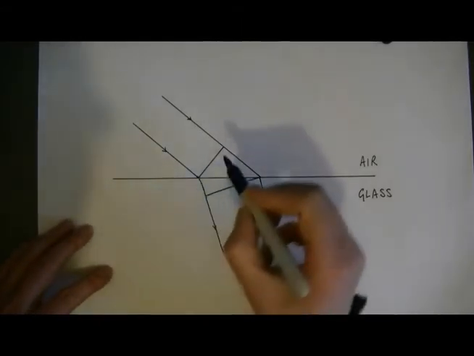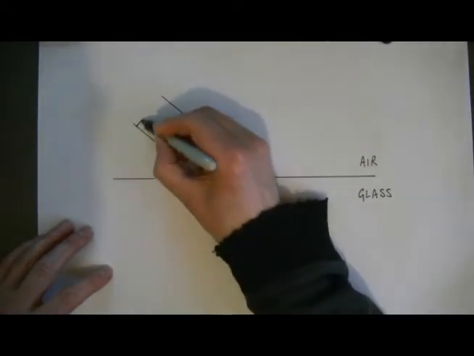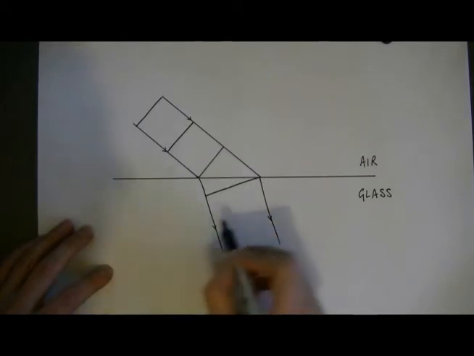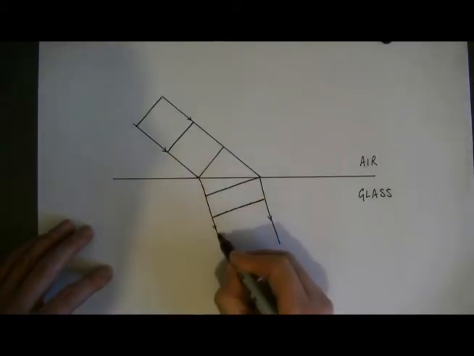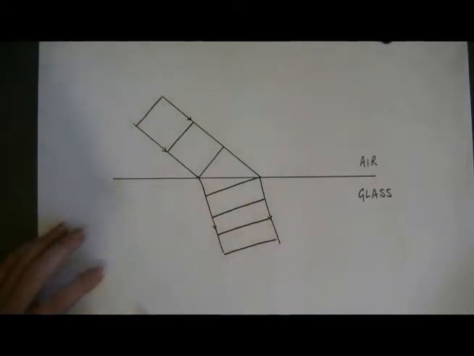So if I draw in some more wavefronts to represent the wavelength there inside the glass, the wavelength is shorter because the light is travelling more slowly.